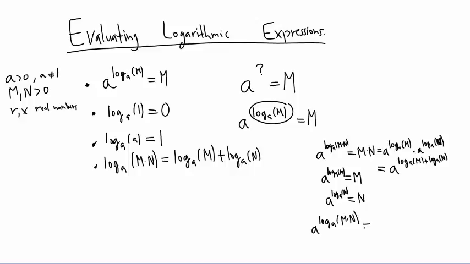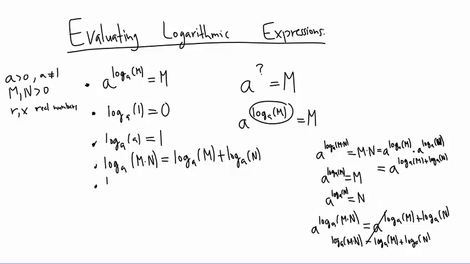A to this exponent equals a to this other exponent. Since exponential functions are 1 to 1, we know that the exponents must be equal. Which is exactly what we were trying to prove.